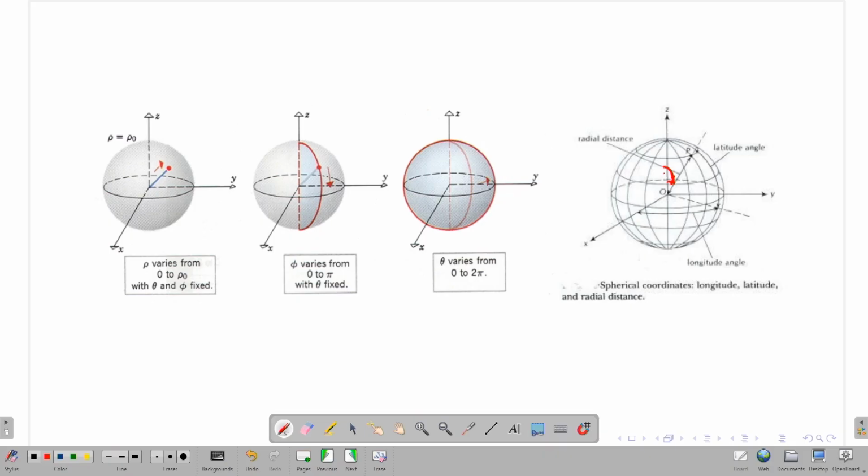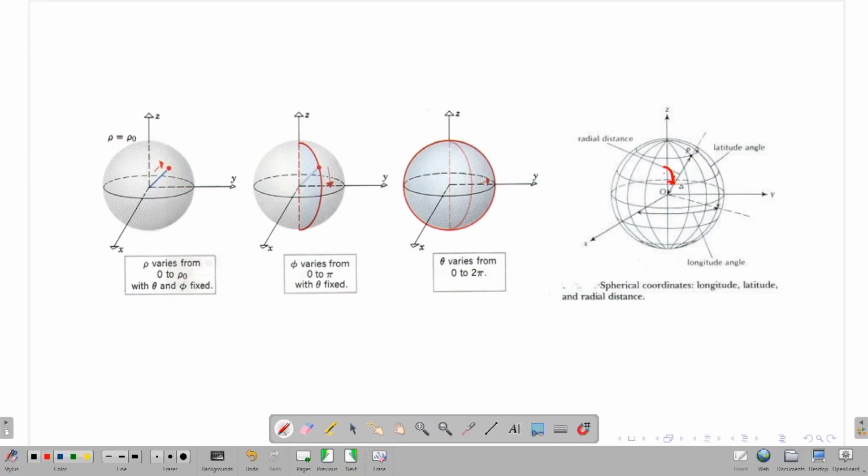Okay, so that is phi. And the third coordinate, which is called the longitude angle, is theta, which is the same as the polar coordinates angle theta. So this one is theta, and this is phi.